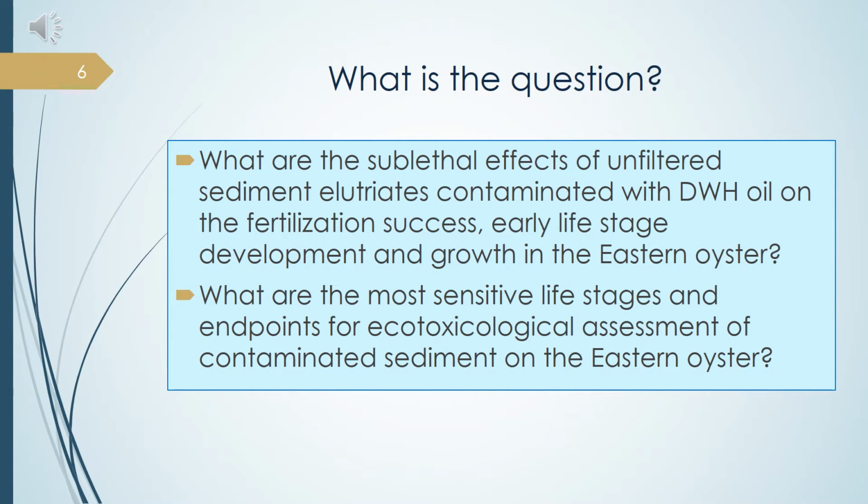What are the sublethal effects of unfiltered sediment elutriates contaminated with the Deepwater Horizon oil on the fertilization success, early life stage development, and growth in the eastern oyster? And they also want to know what are the most sensitive life stages and endpoints for the ecotoxicological assessment of contaminated sediment on the eastern oyster.